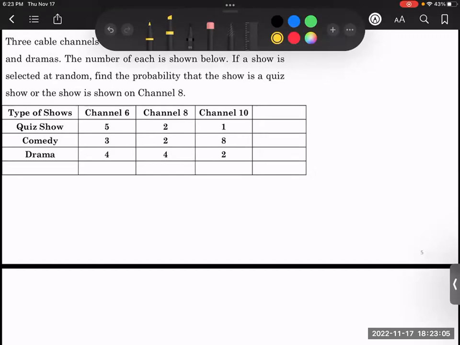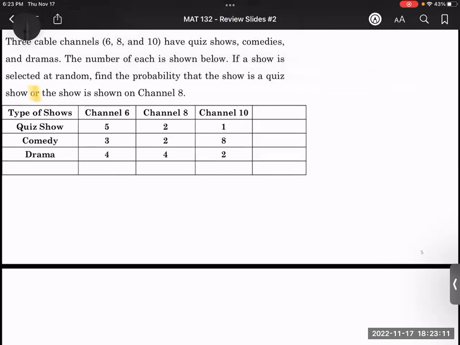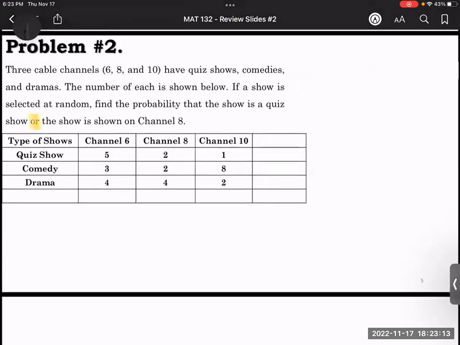Well, the key word that you should recognize from this problem is the word or. When you see the word or, what probability rule comes to mind? Addition, that's right. So just note that the word or refers to the addition rule for probability.